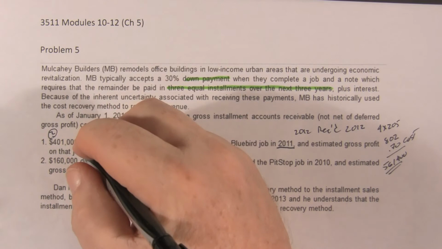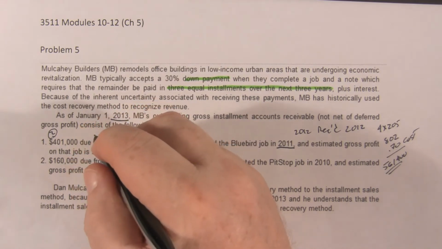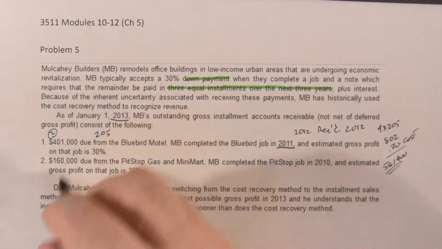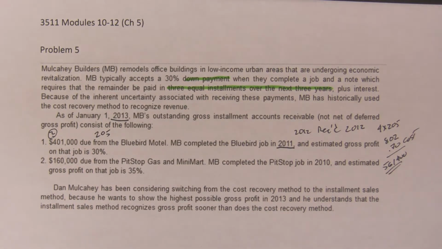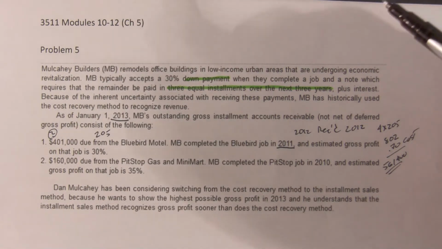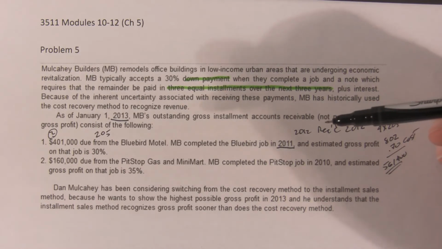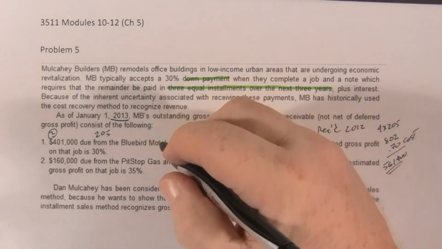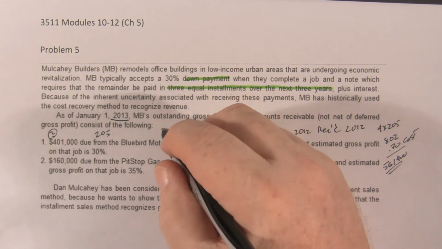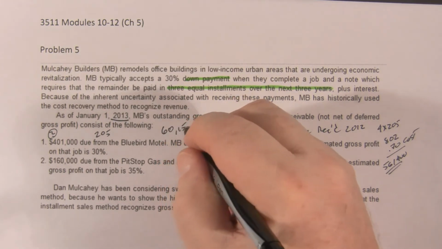The other thing I would want to do is, I know that $401 is 2 payments. Therefore, each payment, like we said earlier, is $205. And $205 is 30% profit. So 30% profit on 205 is what? Got to figure out the profit on that. 30% of 205 is 60,150.